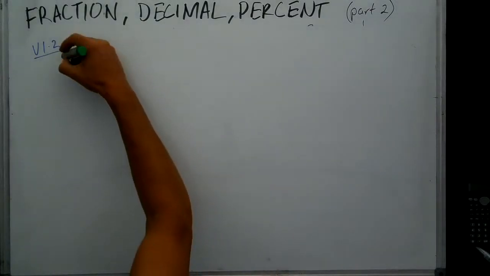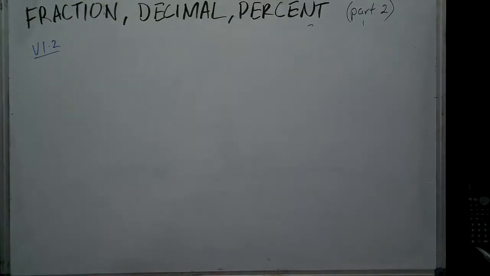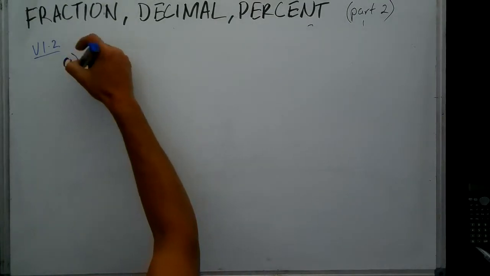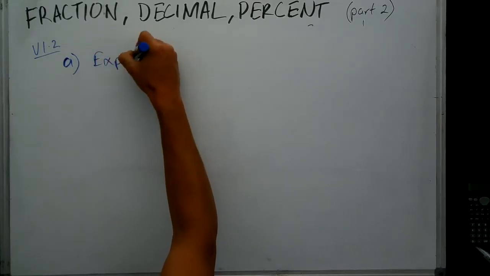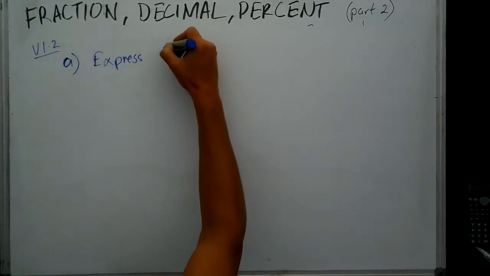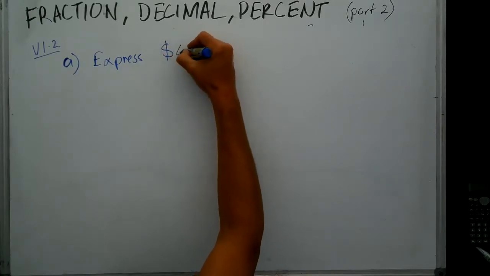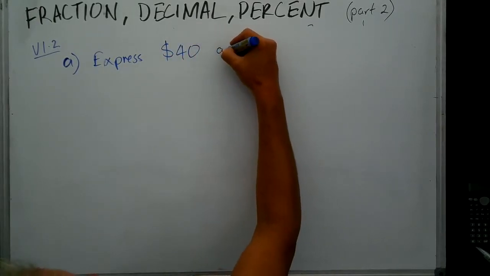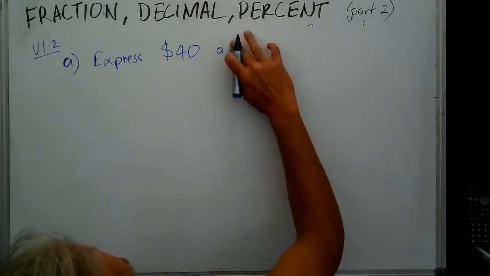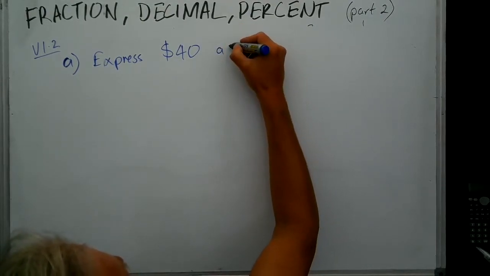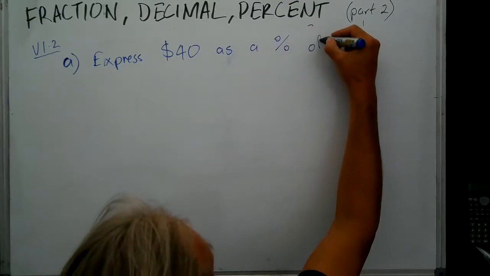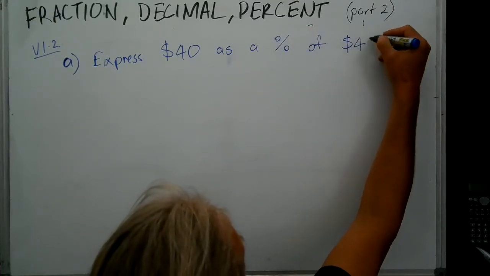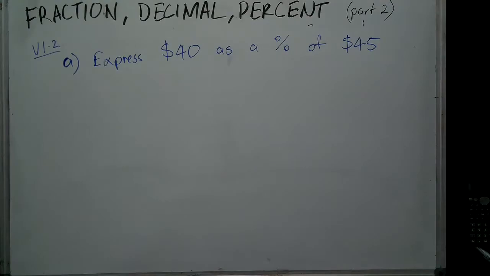So our first example here, the blue pen, is express $40 as a percent of $45.